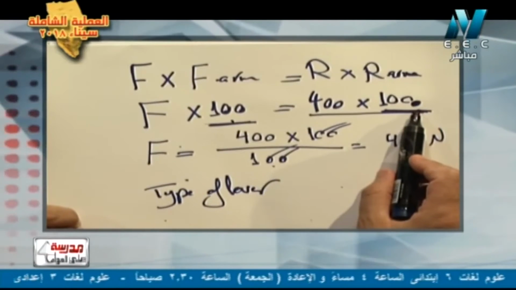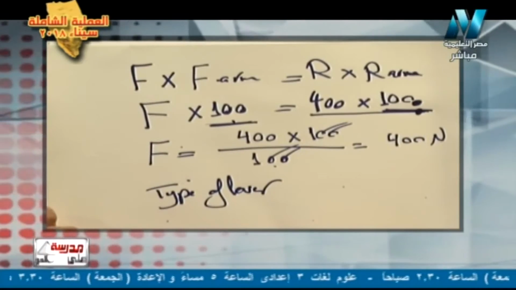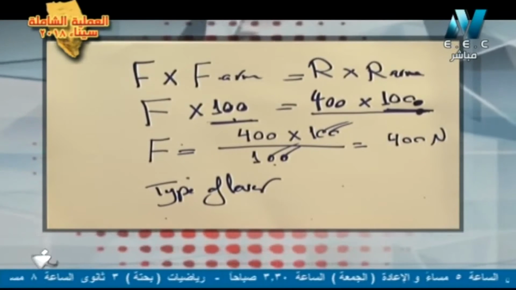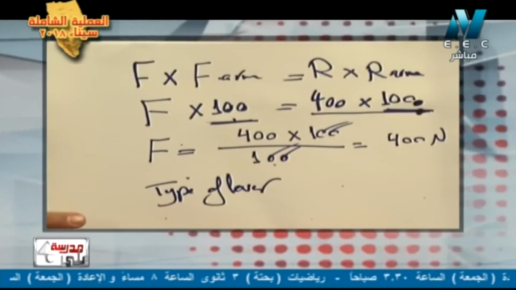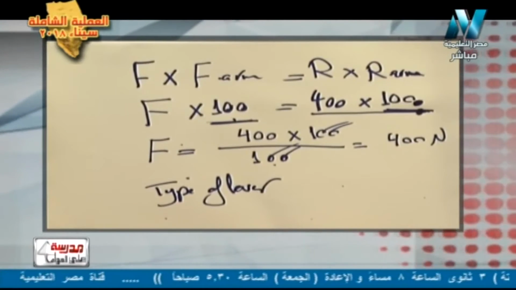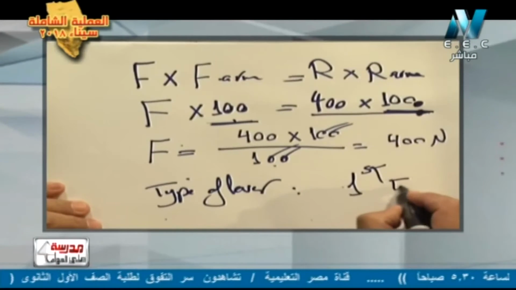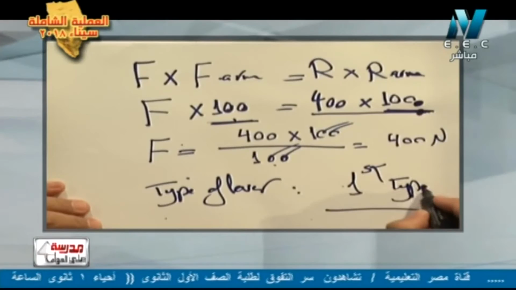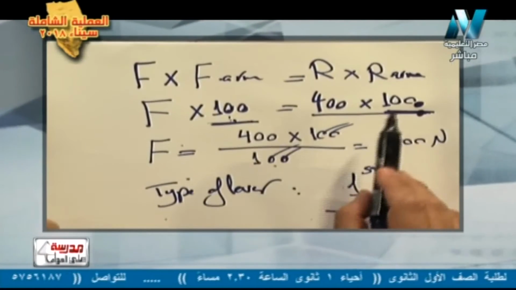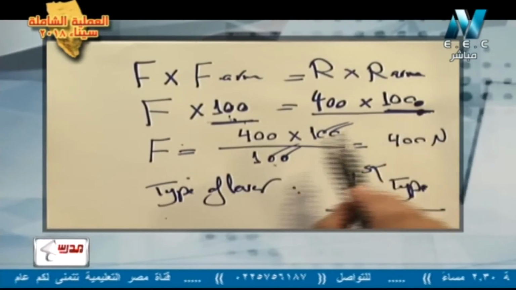So it will surely be first class lever, because the problem says in the second line that it is the length of the force arm of a crowbar, and we know that a crowbar is first type. So this lever is first type. Why? Because it has the effort force arm equal to the resistance arm. But if the effort force arm is more than the resistance arm, it will be second class lever.